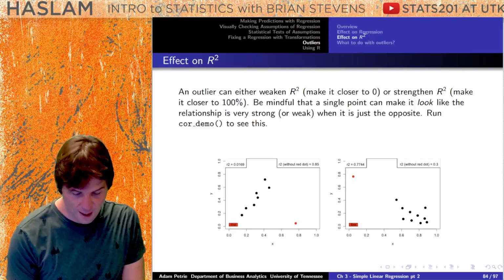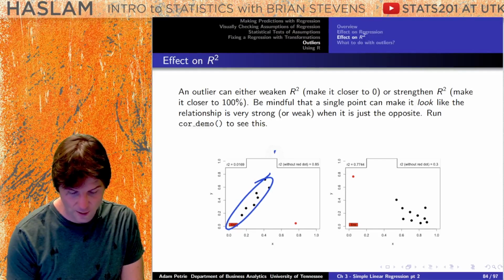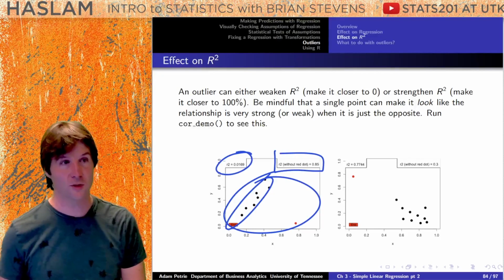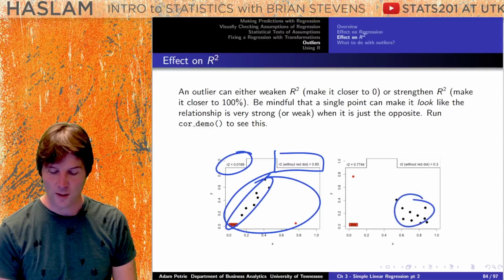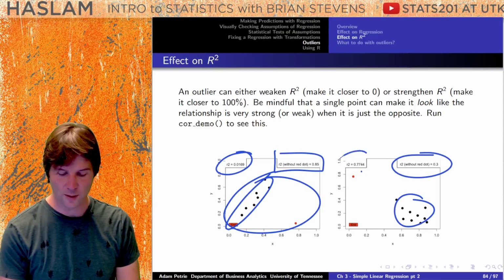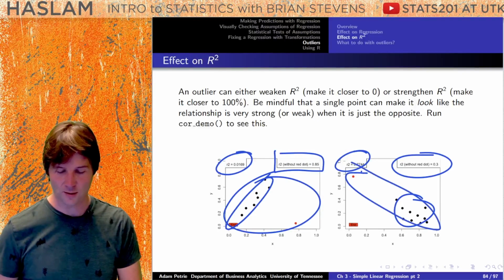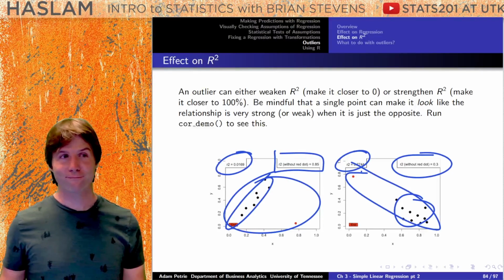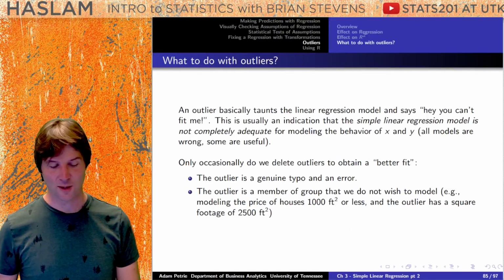Well, if we had a strong correlation right here, an outlier could drastically impact that correlation, bringing it closer to 0. Same thing if we had a weak correlation and we have 1 point making a stronger correlation. So outliers can drastically impact r squared.